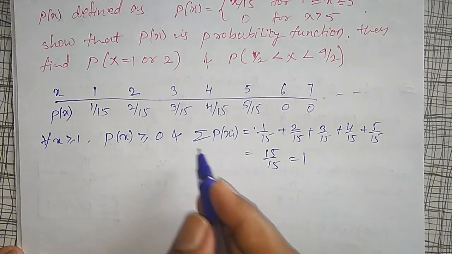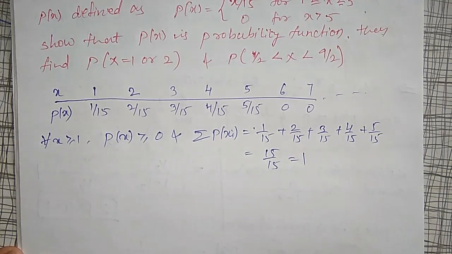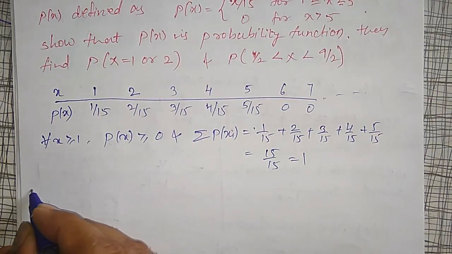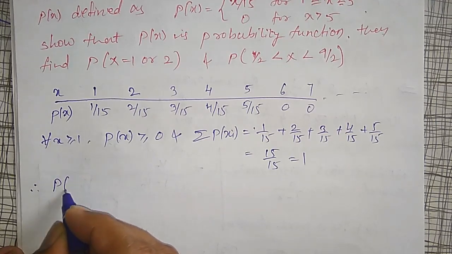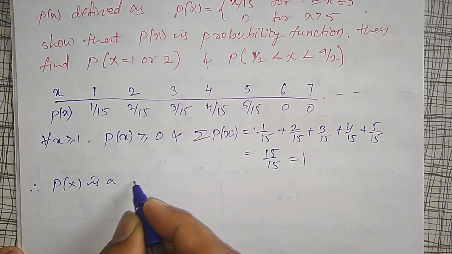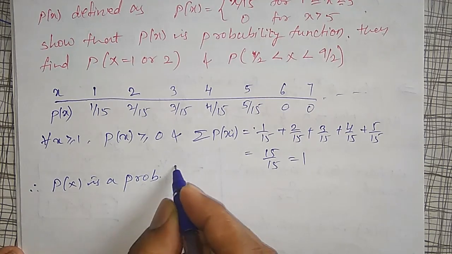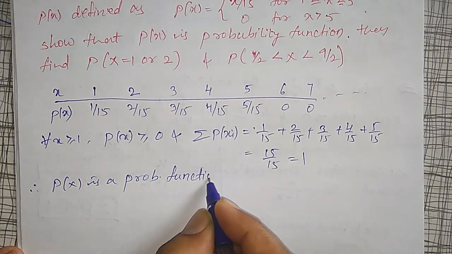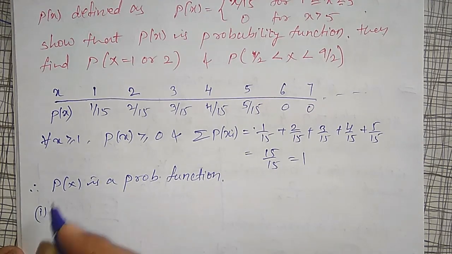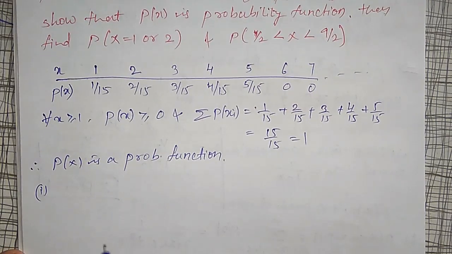Therefore, both conditions for a probability function hold good, so I can say P of x is a probability function. Now, using this, I have to find the remaining terms.